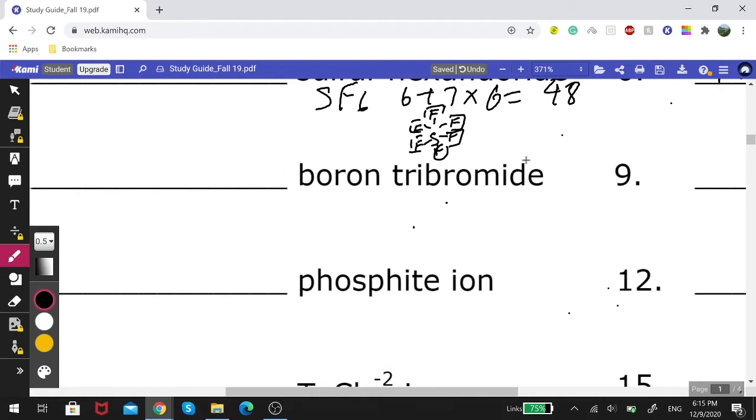Next, boron tribromide, BBr3. B has 3. Br has 7 times 3, 24. So B and 3 Brs.